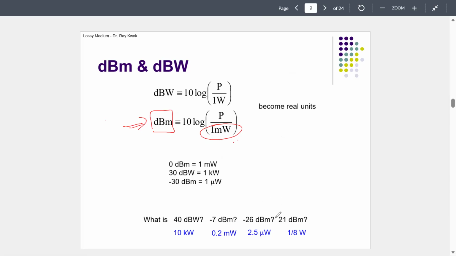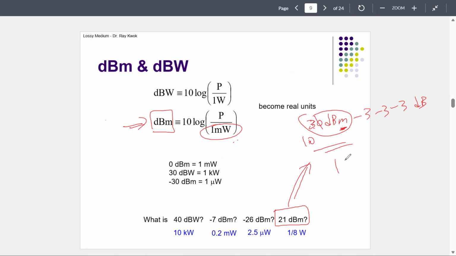So let's see what that means. What does 21 dBm mean? 21 dBm means 30 dBm minus 9, which is minus 3, minus 3, minus 3 dB, right? How big is 30 dBm? Again, I drop the 0, raise it to 10. There's 1,000 milliwatts.